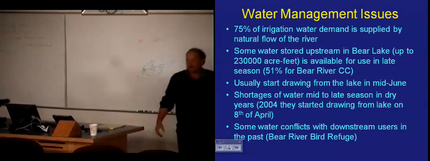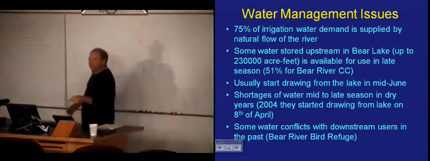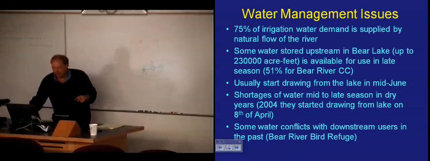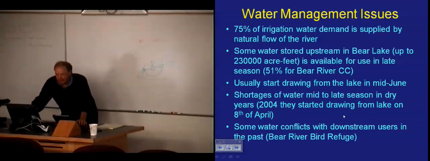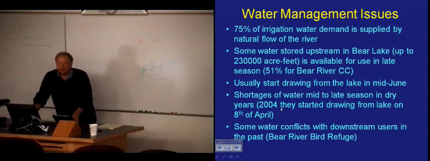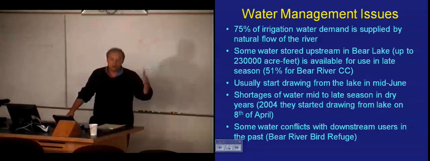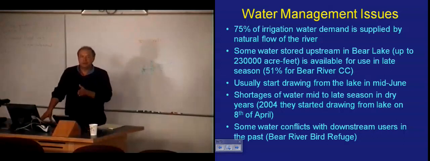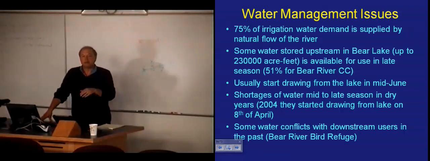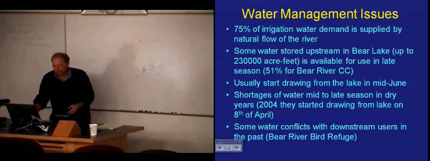The Bear River goes through Wyoming, around Bear Lake in Idaho, and then comes back into Cache Valley and eventually crosses over to Tree Mountain and flows into the Great Salt Lake, down at the tail end.